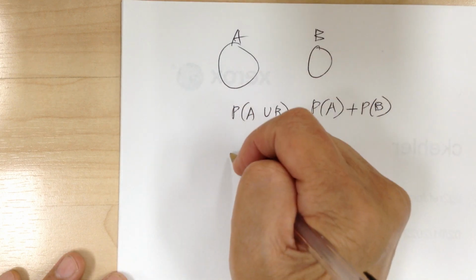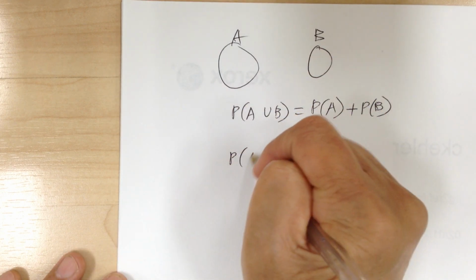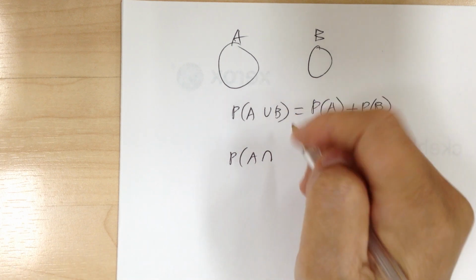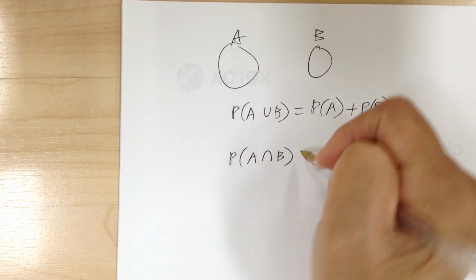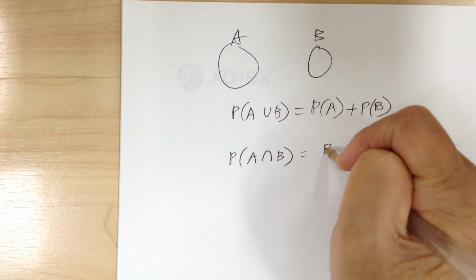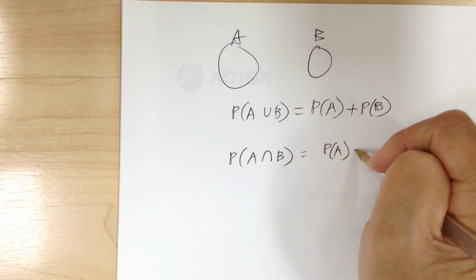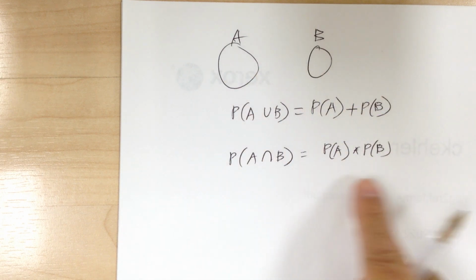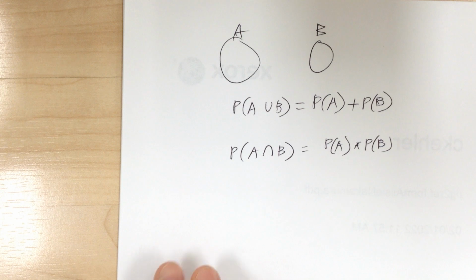And also, if there's no overlap, then the probability of A and B happening would be just the probability of A times the probability of B. If they don't overlap, then you can just multiply like that.